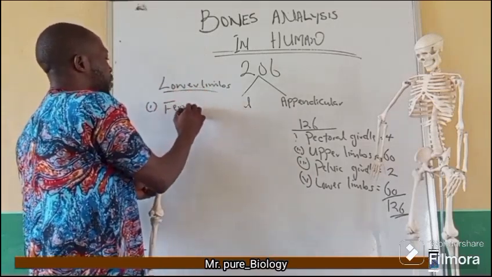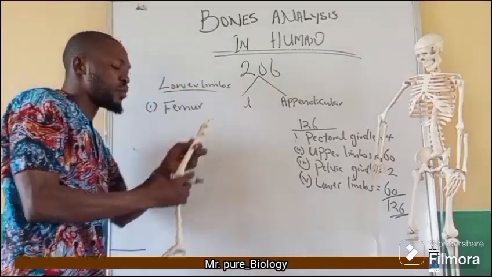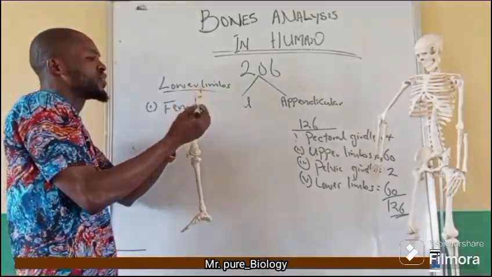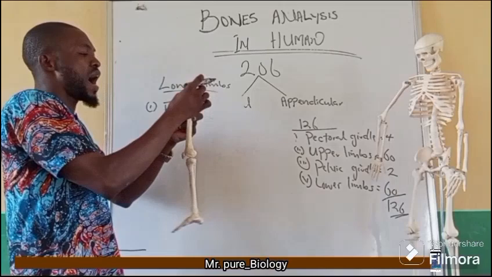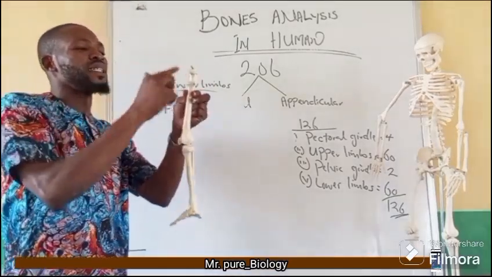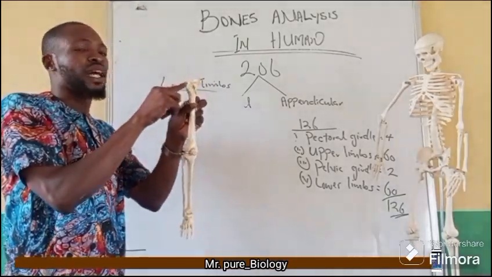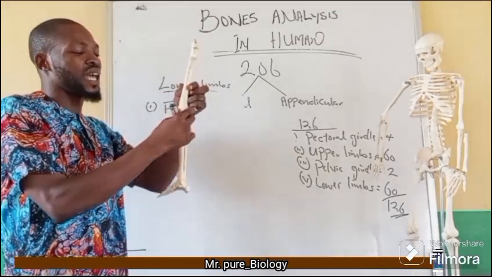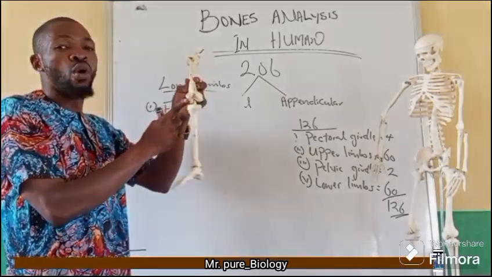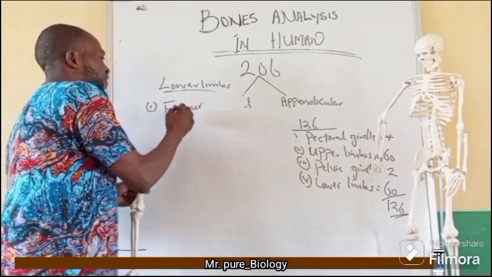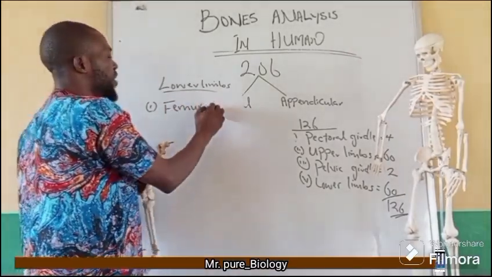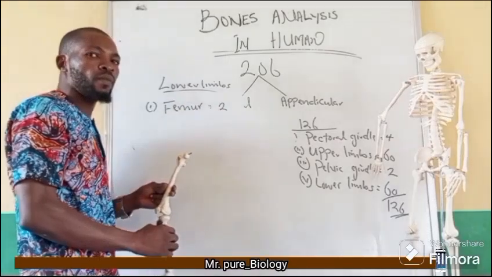We refer to the femur as the strongest and longest bone in the human being. You can see that this femur has certain features. It has a head, a neck, a greater trochanter, a lesser trochanter, a shaft, and a condyle. So these are the features of the femur. Here we have one, the other side we have one, making two.